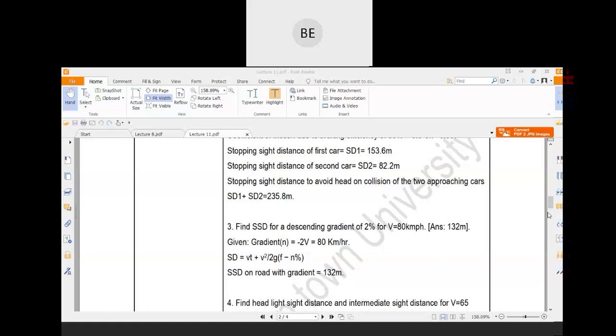Okay, so the speed value you are getting is 22.22. Yes, sir. So your first portion would be 22.22 multiplied by 2.5, is it? V into T, your T is 2.5 seconds, so your VT would be 22.22 into 2.5.